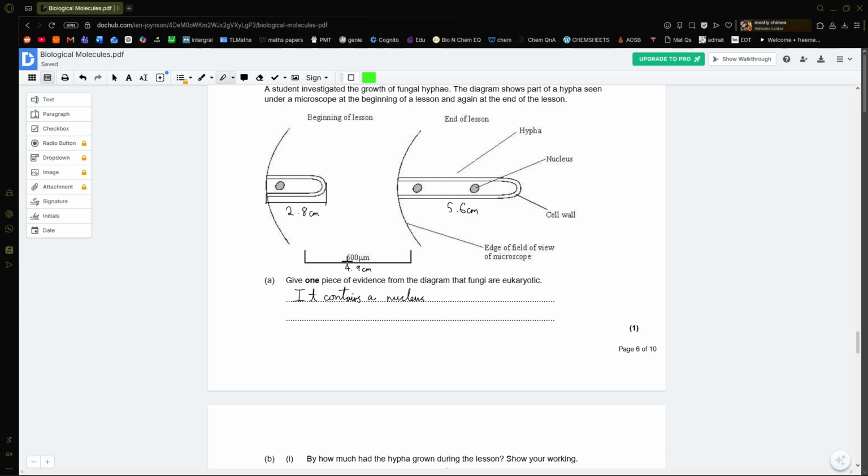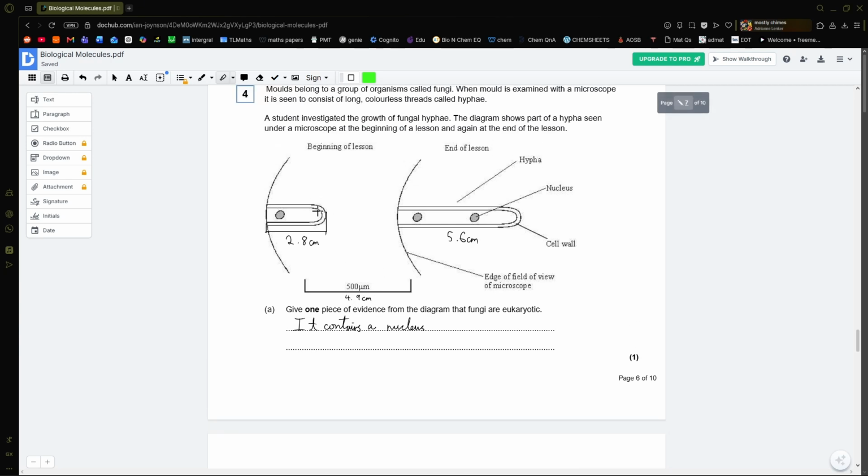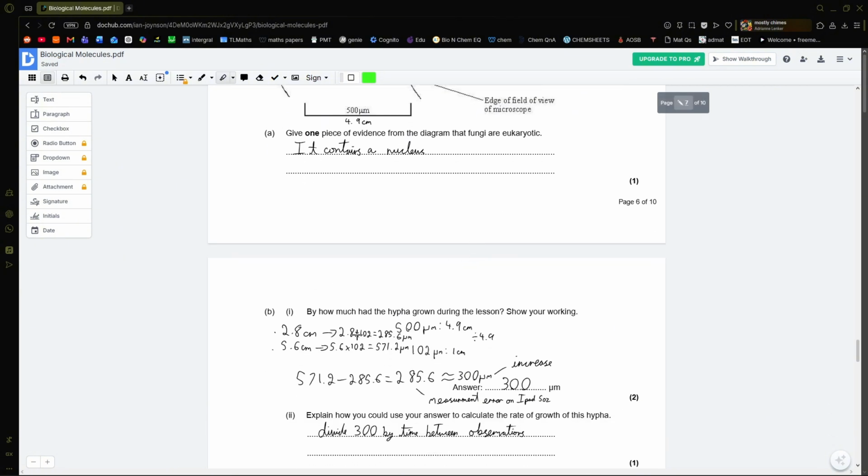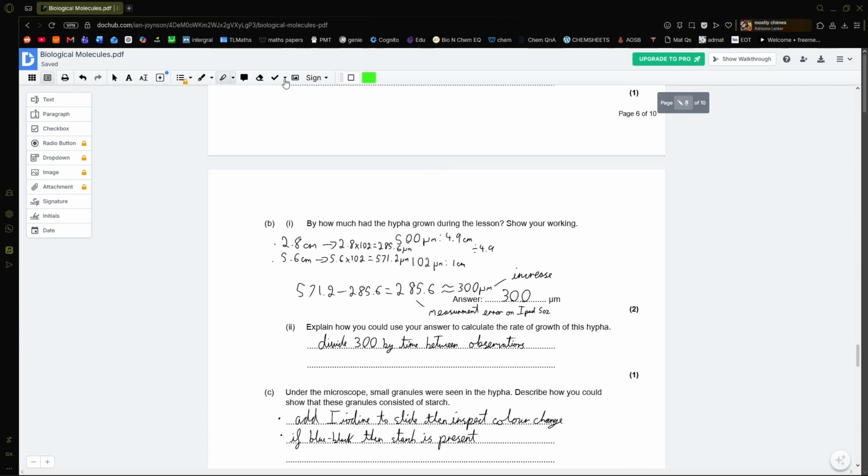I measured this distance with the ruler, and it gave me 4.9 centimeters for every 500. Then I measured this point and this point, the length of the fungi, and that gave me 2.8, and then I did the same here, and this is 5.6. So then we can use this. How do I zoom in? Hold on, let me figure this out. I'll just do this then.